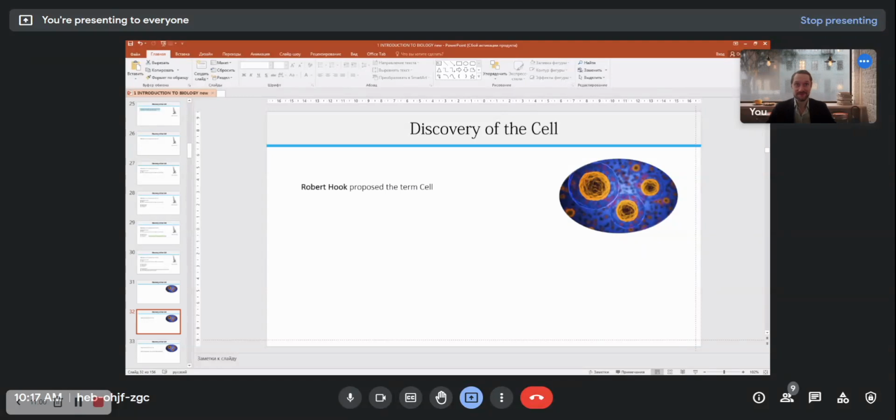About those prominent persons who discovered the cell. Robert Hooke proposed the term cell. He was a very prominent scientist of the time when he was living, and he was studying microscopic structures, and he proposed the term cell. However, at the moment when he proposed the term cell, he did not recognize that the cell is a living being.